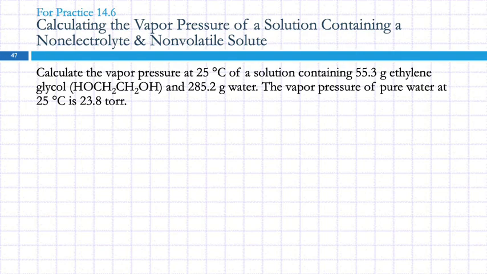Okay, calculate the vapor pressure at 25 degrees Celsius of a solution containing 55.3 grams of ethylene glycol and 285.2 grams of water. The vapor pressure of pure water at 25 degrees Celsius is 23.8 torr. Let's highlight some numbers. We got 25 degrees, this many grams of ethylene glycol, that many grams of water, and this vapor pressure.